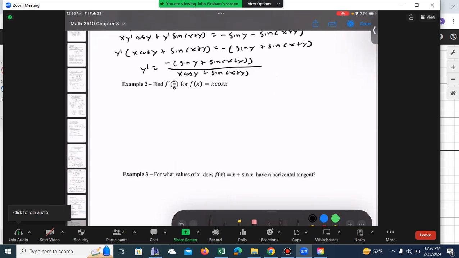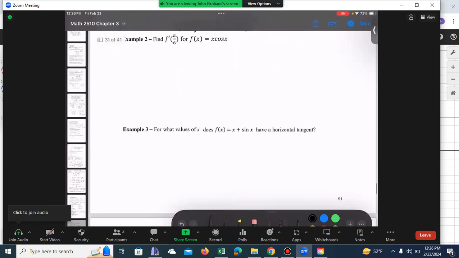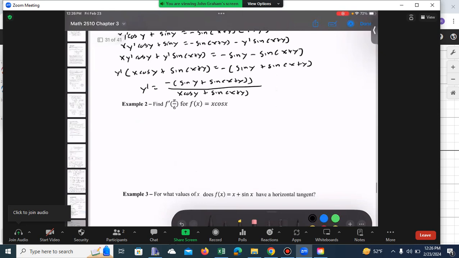Alright, so we'll do a couple more problems, I believe, and then we'll be done with this section. So here we'll have the function x cosine x. We want the derivative, but we want to evaluate at pi over 6. This is one of the reasons we have to use radians, because you're going to have x's outside the trig functions, and you have to use radians when you have anything like that.